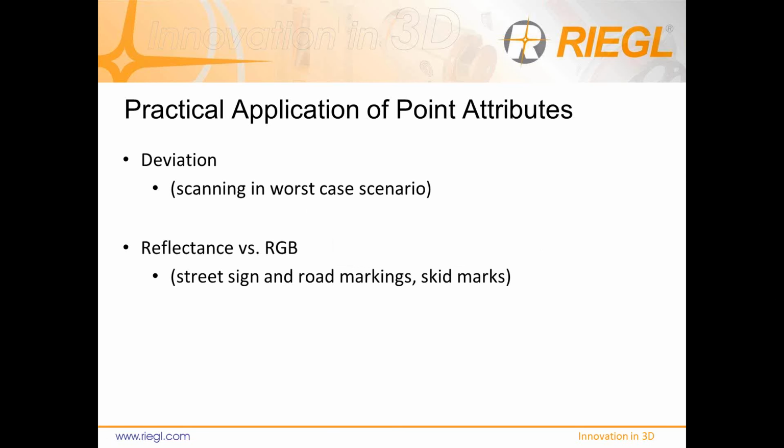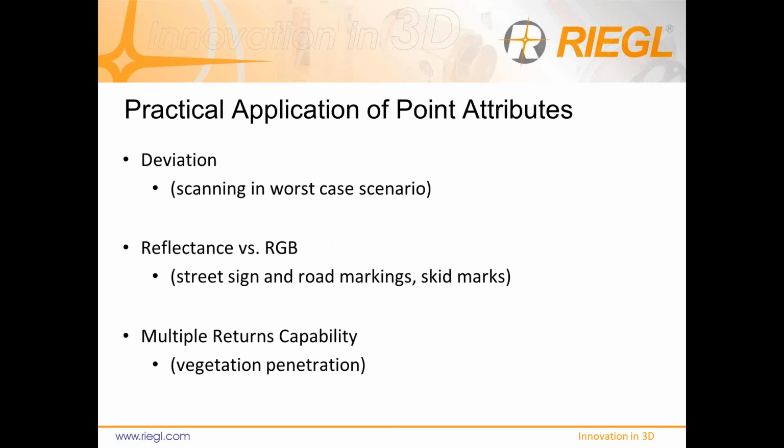Everything that you would experience out in the real world. And I'm going to show you a little bit about reflectance versus RGB, a passive versus an active system. So I'm going to display some road marks, skid marks, and passive straight signs, and how they pop out when you look at a scene in reflectance versus RGB. And there's value in both, of course.